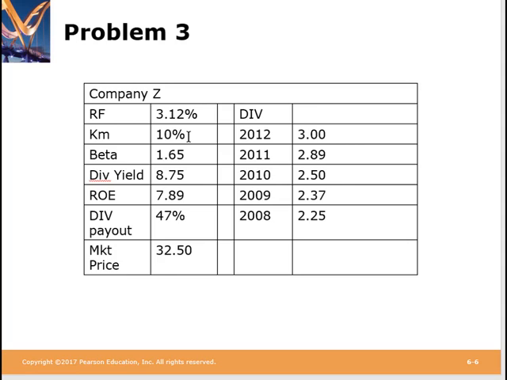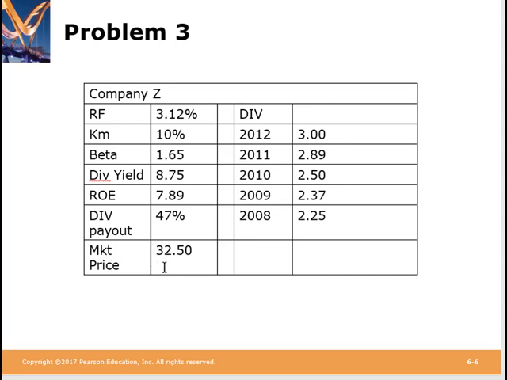So I chose 10%. You look up the beta, 1.65 is the beta of this company. The dividend yield, which we can find on places like Yahoo Finance, is 8.75. Return on equity, 7.89. The dividend payout ratio is 47%.